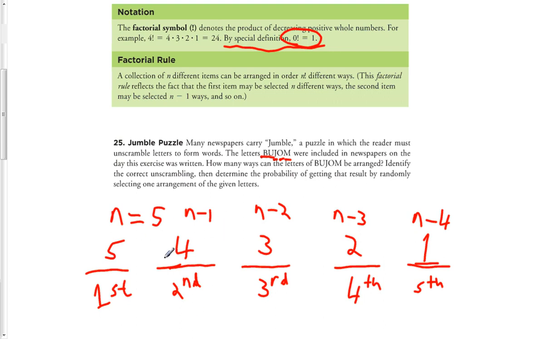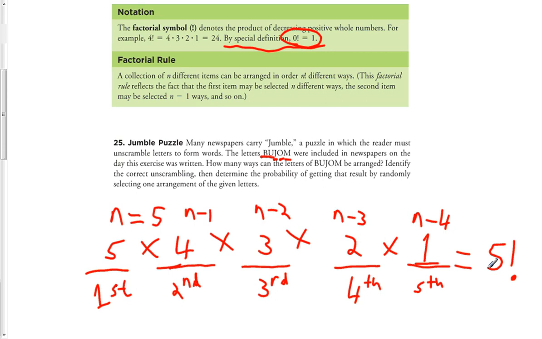The fundamental counting rule says in order to find the number of ways of making all these choices, you multiply these things. But that actually equals 5 factorial. And that's why I say that the factorial rule is really a special case of the fundamental counting principle.